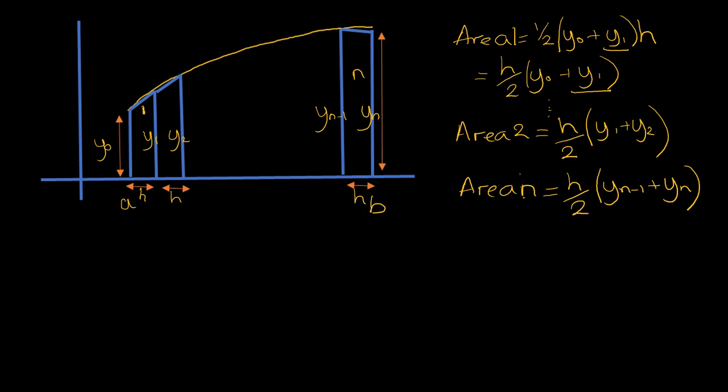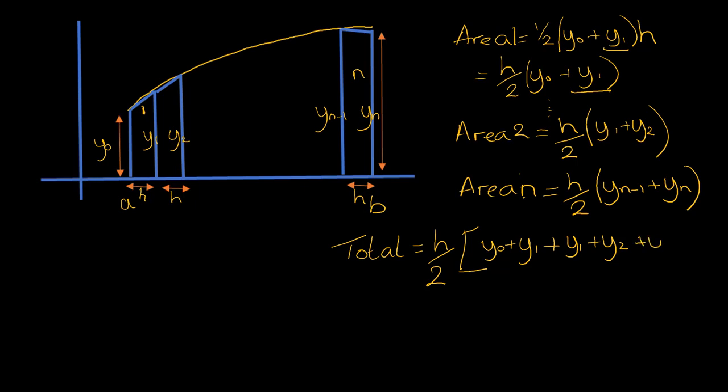So our total area is going to be h over 2, because that's the same all the way through. And you'd have y0 plus y1 from the first area, plus y1 plus y2 from the second area, and then the third area would be y2 plus y3, and so on.